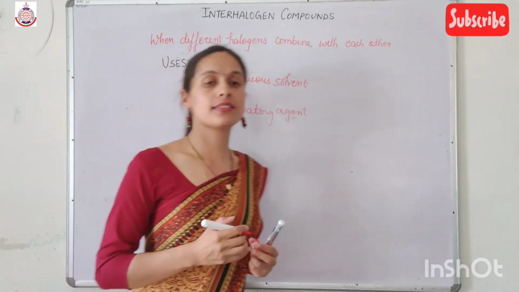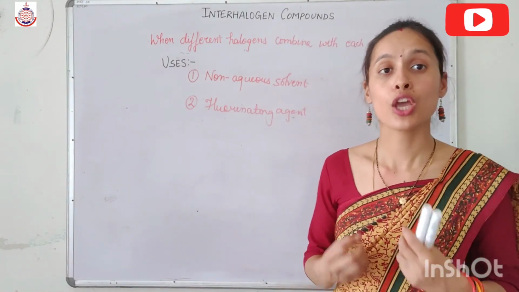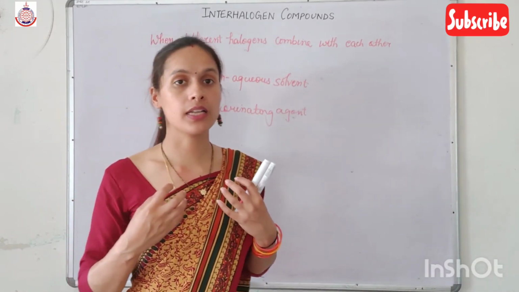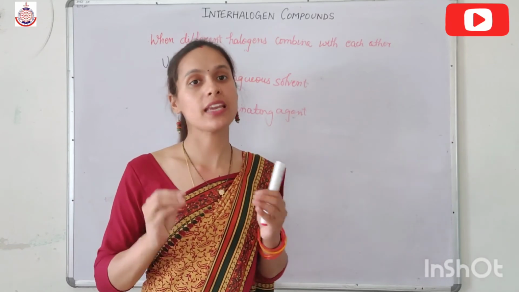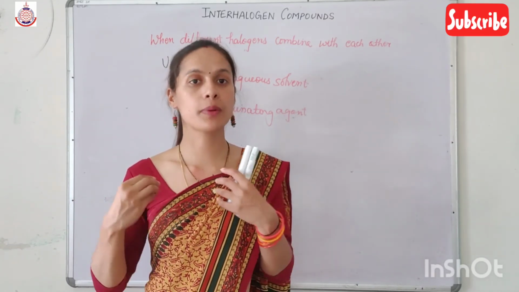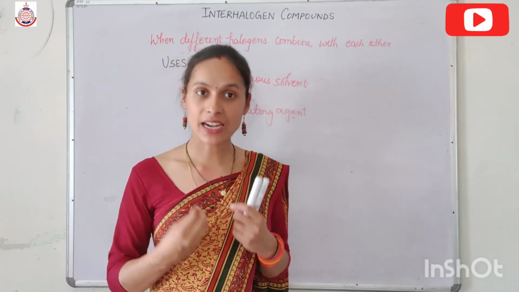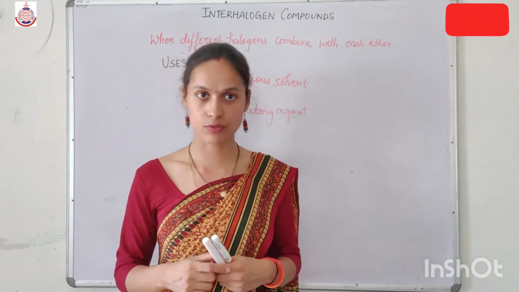For example, ClF3 and BrF3 are used to produce UF6, which is very useful in the manufacture of enriched uranium fuel. We want uranium fuel, and for the preparation of the uranium fuel we want UF6, and that UF6 we can prepare from ClF3 and BrF3.